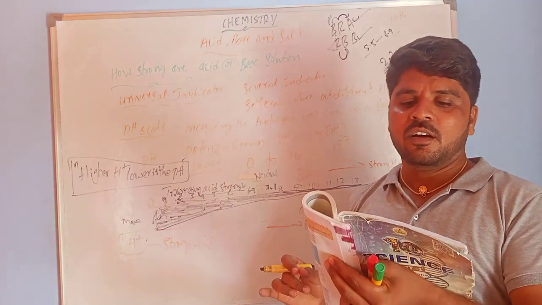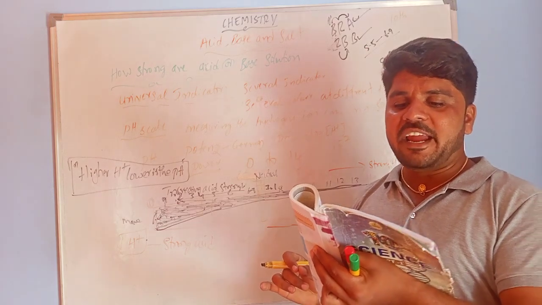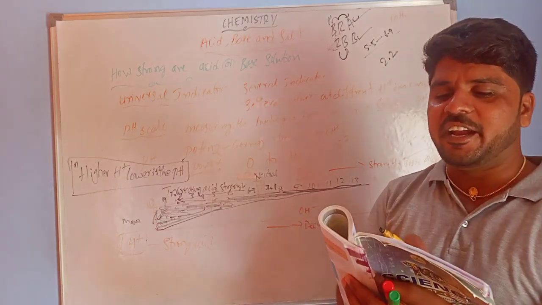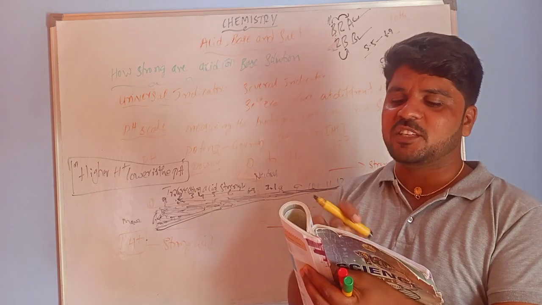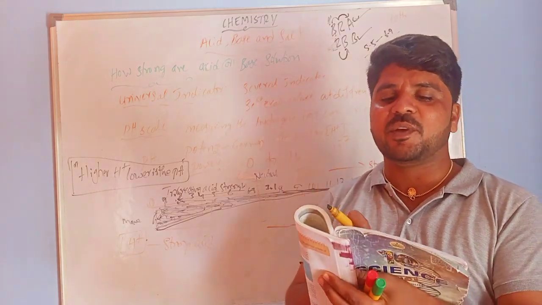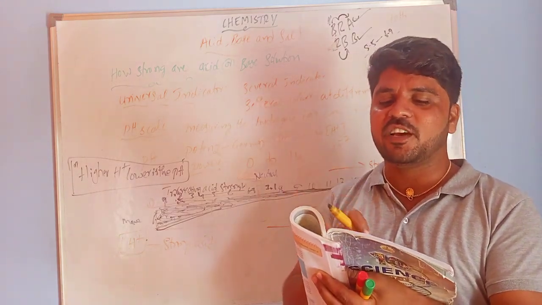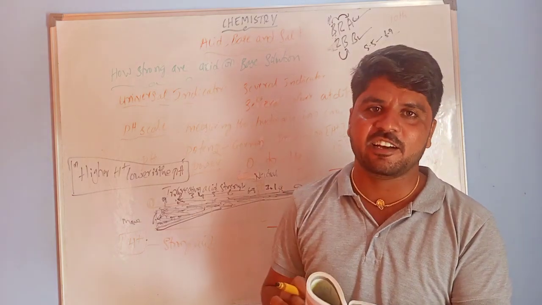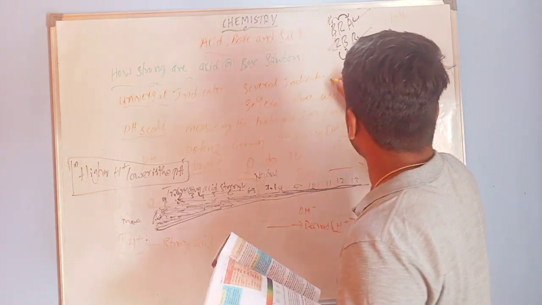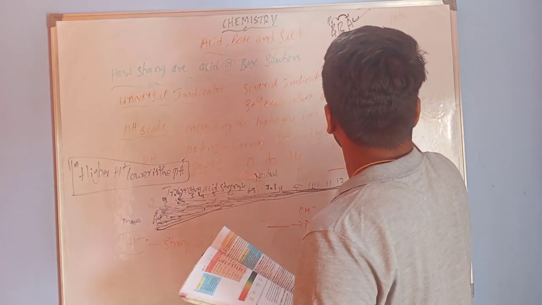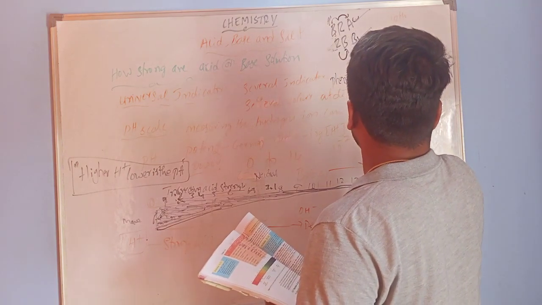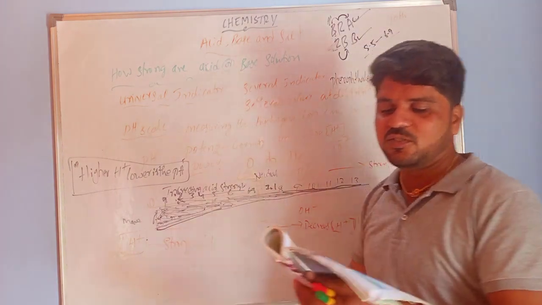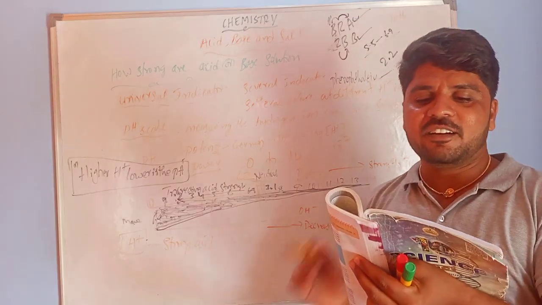Next is colorless aerated drink. We don't use pH paper for this test. We are using the phenolphthalein indicator. We are going to use it with the colorless aerated drink.